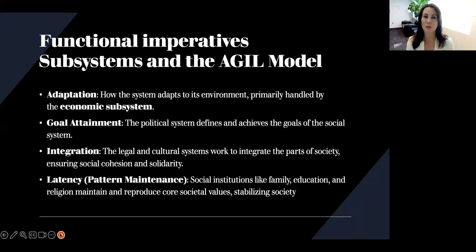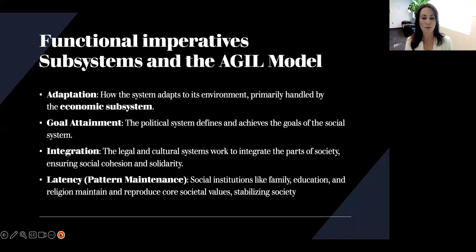Goal attainment usually can be at an individual level, or an organizational level, or a structural level, like on a larger scale. There are different goals, and society works together to achieve those goals. Integration: the legal and cultural systems work to integrate the parts of society, ensuring social cohesion and solidarity.